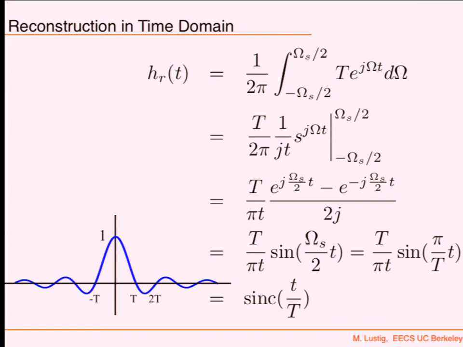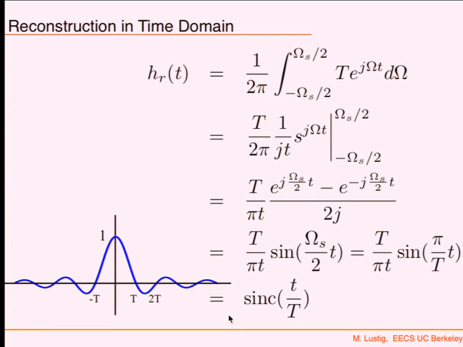And obviously, we've seen this before, right? So h sub r of t is just the integral over the rect, and then you get a sinc. I'm not going to spend time on it; you've seen this, taking a rect and getting a sinc out of it. The sinc has zero crossings at times t equals nT, which is cool because there we don't have samples.